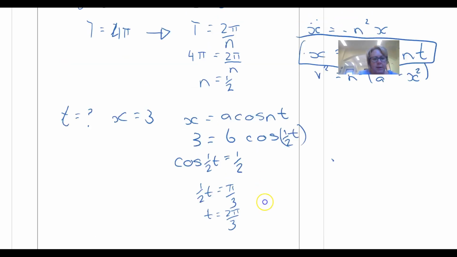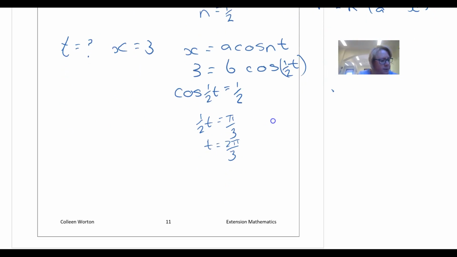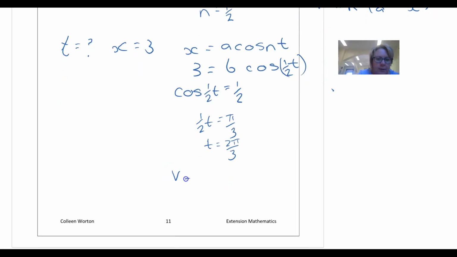And the next question says find the velocity and acceleration at this point. Velocity is the differentiation of displacement.